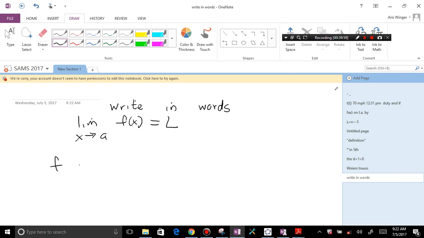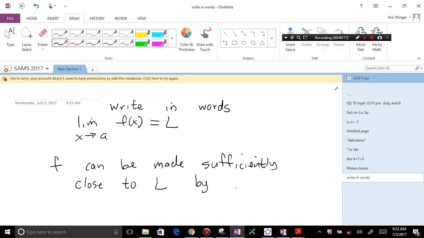Here it is: f can be made sufficiently close to L by taking x, I should say f of x, by taking x sufficiently close to A.